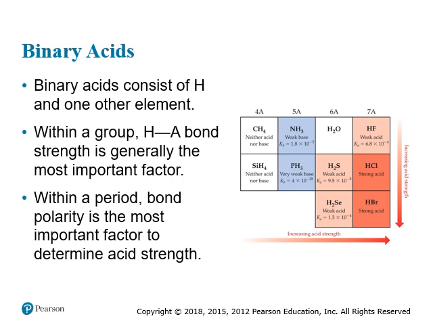HF is a weak acid, HCl is a strong acid, HBr is a strong acid, HI is a strong acid still. So with this general idea in place, we would consider hydroiodic acid to be the strongest of the hydrogen halide acids.